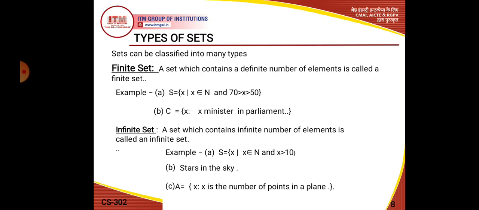Now the third one, capital A. A = {x such that x is a point in a plane}. So this set also has an infinite number of points in a plane. So this is also one of the examples of an infinite set. So this is the finite as well as the infinite set.